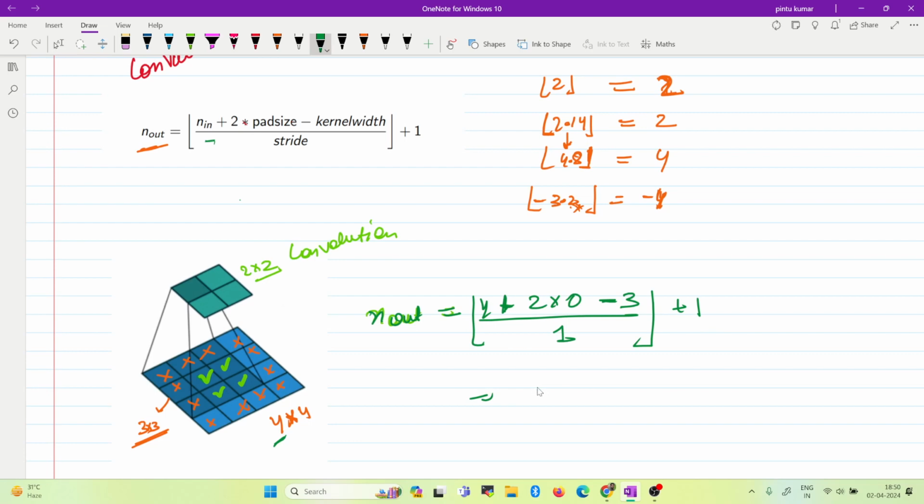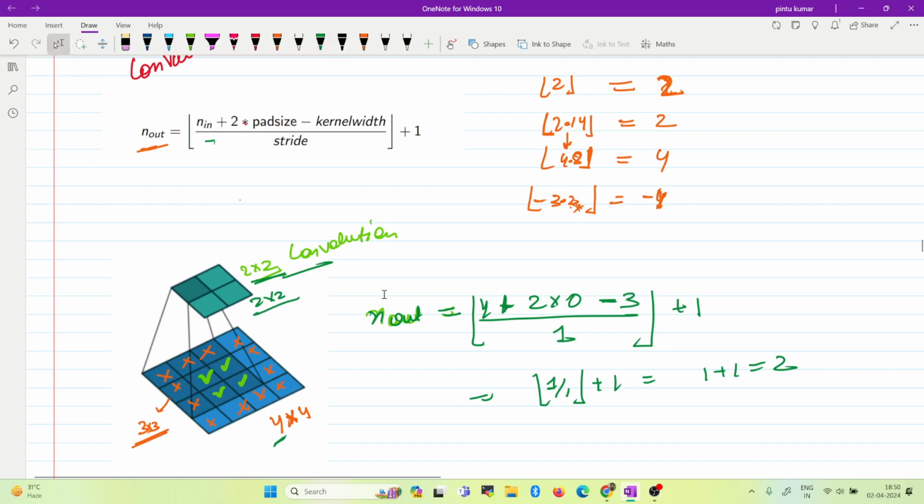So this is 1 by 1, floor, plus 1. So this is just 1 plus 1 is equal to 2. So we got the size of our convolution output, which is 2 cross 2.